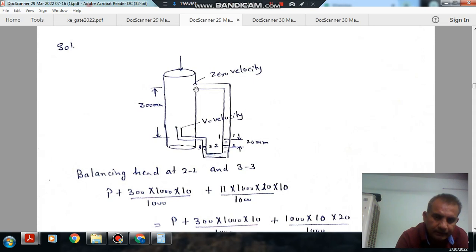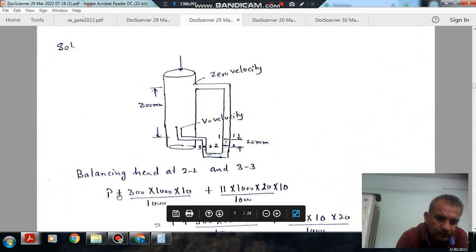So here suppose pressure is P. Here pressure is P, and here the head is 1000 into 300 into 10 by 1000, that is rho g h, where g is 10 and h is 300 by 1000 meter. Here we are finding the pressure at 2.